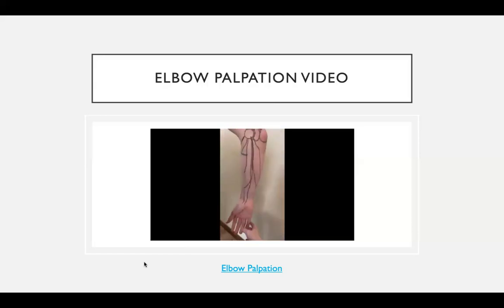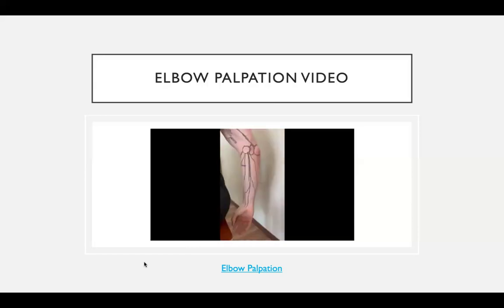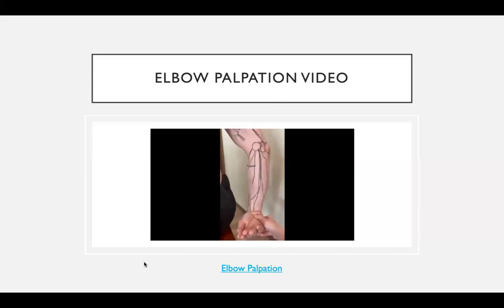To palpate the flexor carpi radialis, you can have your patient flex their wrist and abduct. Then, to find the flexor carpi ulnaris, you can have them flex and adduct. To palpate and find the palmaris longus, you can just have the patient flex their wrist.